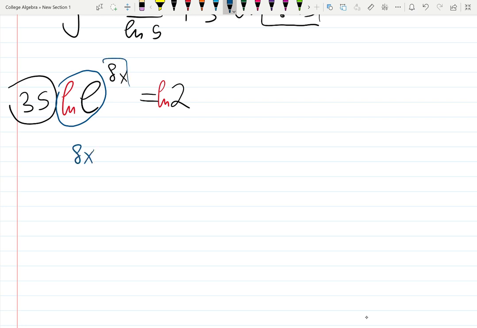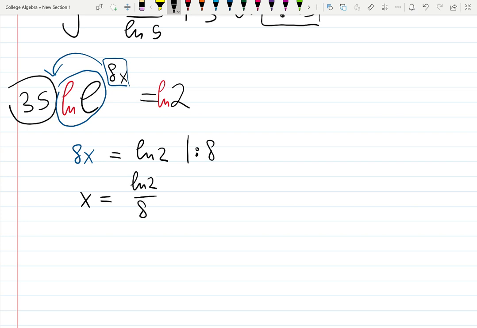If you don't believe me, just take this 8x and put it down. ln e is 1, so 1 times 8x is just 8x. Equals ln 2, and we are almost there. x equals, divided by 8, ln 2 over 8. That's a number as well, and that is approximately 0.09. Very fast.